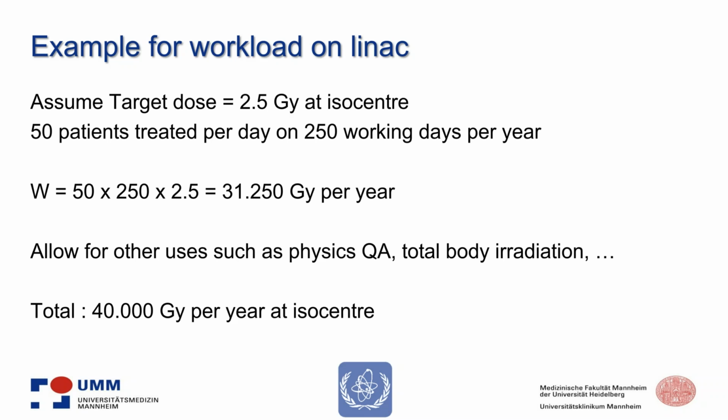You have to take into account that you have additional switch on time for the machines, for example, for the physics QA. If you have total body irradiation, you also have a high number of monitor units to apply. So you have a rough calculation with 40 kilograys per year at the isocenter. That is very conservative, but it's not too high.